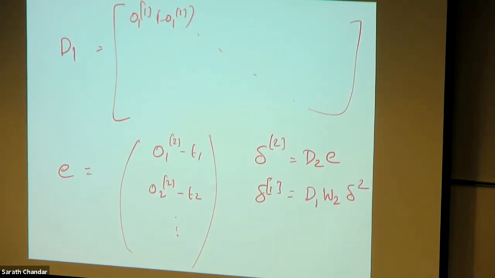Is that clear? So now I can write my gradient update rules just by using vector and matrix operations.